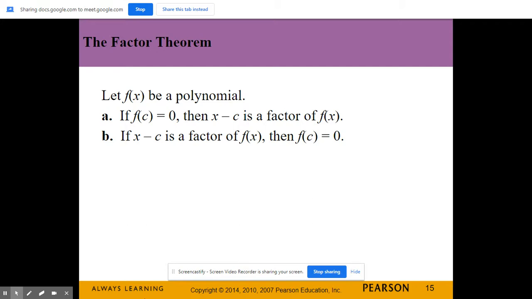Because if f of c equals 0, that means when you divide the polynomial by x minus c, there'll be no remainder. So we're going to use synthetic division to prove or to get an answer when we look at some examples. Basically, if you get 0 for the remainder, it is a factor. If you get anything else as a remainder, it is not a factor. Okay.